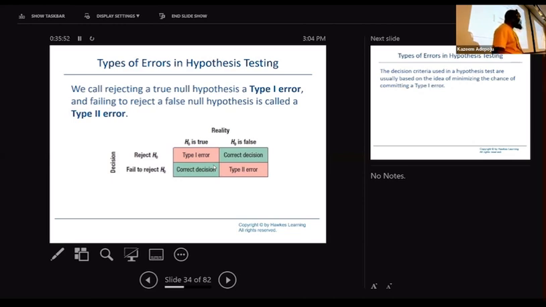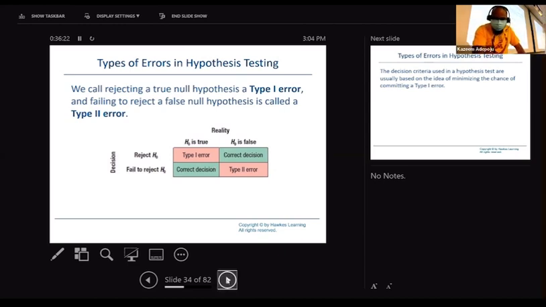That's a correct decision, and we also call that the power of a test. The power of a test is the ability to take a correct decision. What does that mean? Rejecting the null hypothesis when it is false and failing to reject it when it is true.